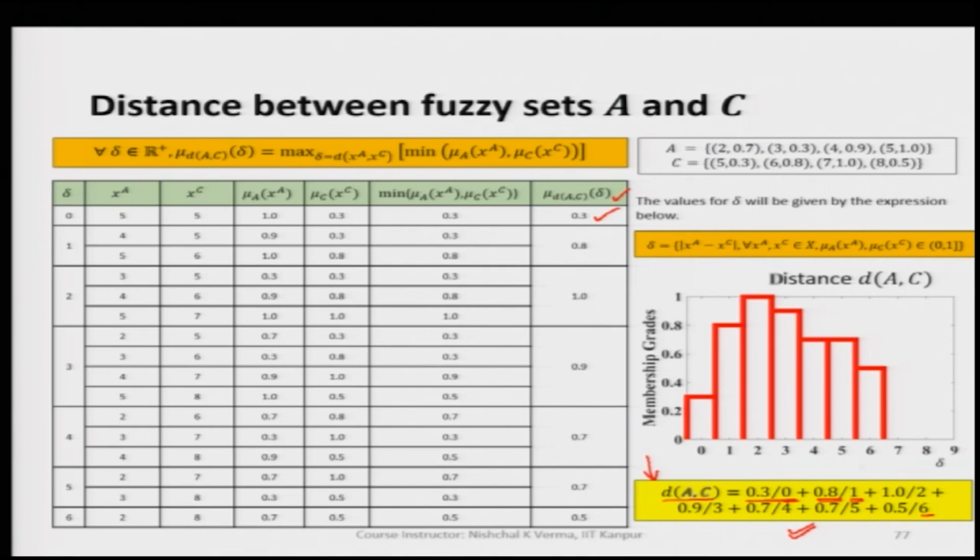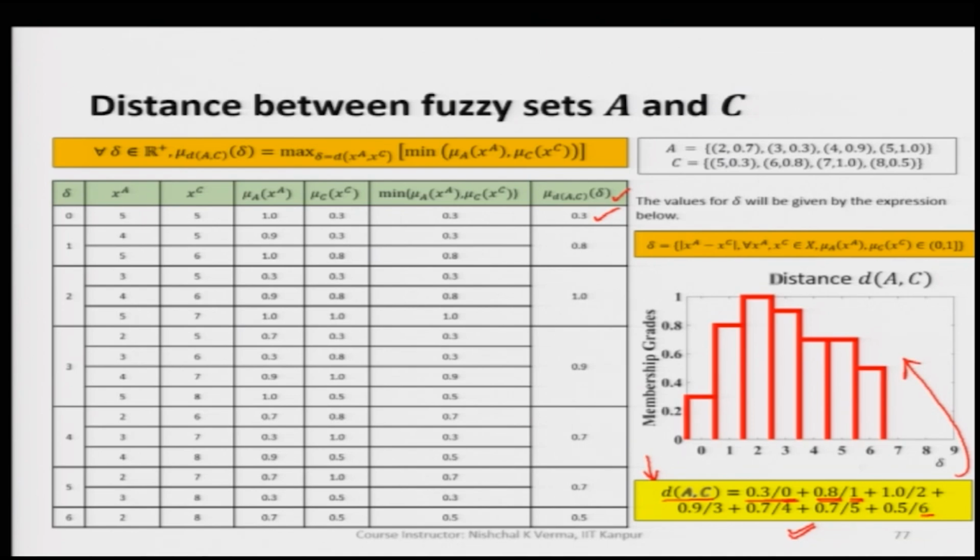So, this way we are able to find the distance between two fuzzy sets, and it is needless to say that here both the fuzzy sets are discrete, and hence we are getting the distance also as a discrete fuzzy set, and this can be plotted like this. In the last lecture I mentioned how we can plot the resultant fuzzy set.